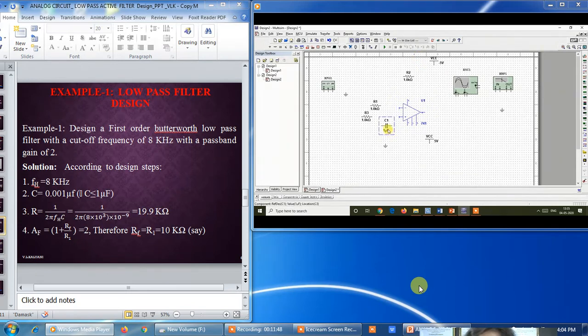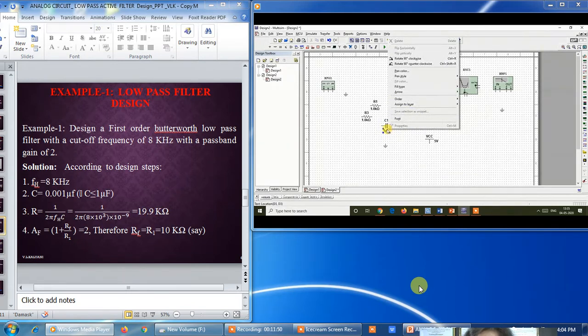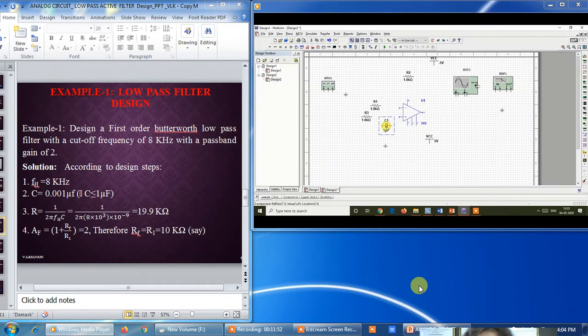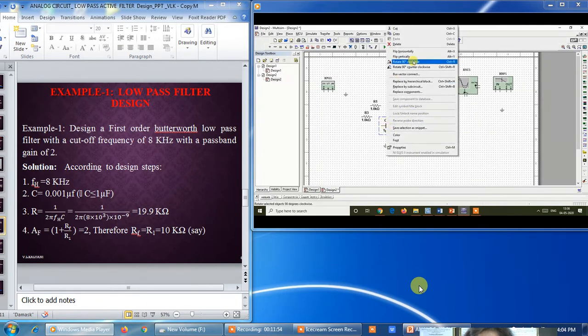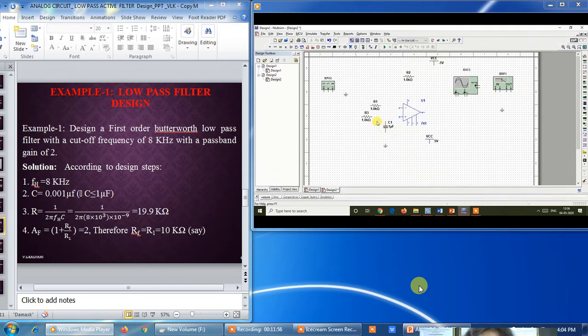You can also flip it, and here this is the capacitor, rotate it and then connect one terminal of this resistor to the non-inverting terminal of the op-amp, and the capacitor is also connected here, and then ground it.